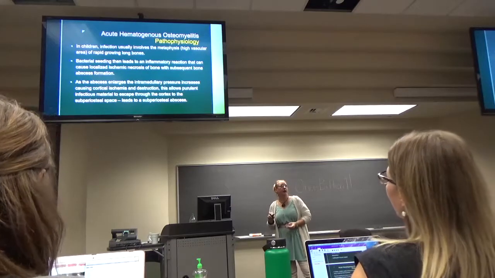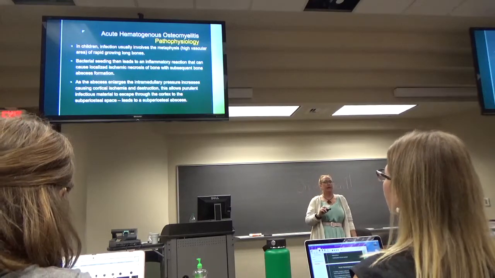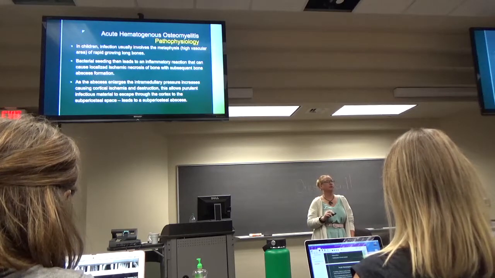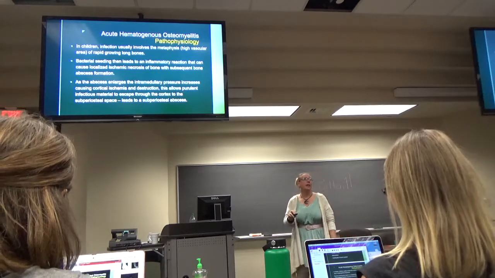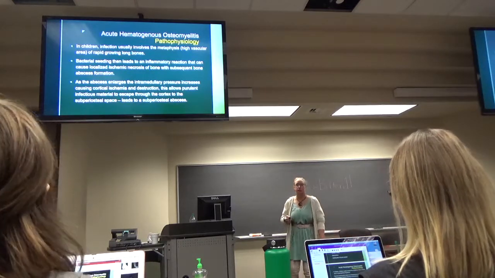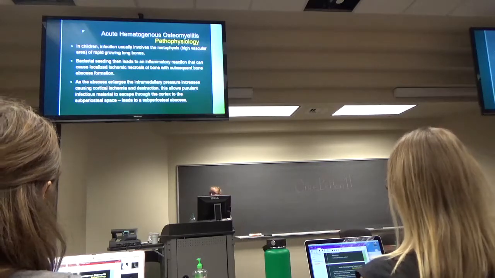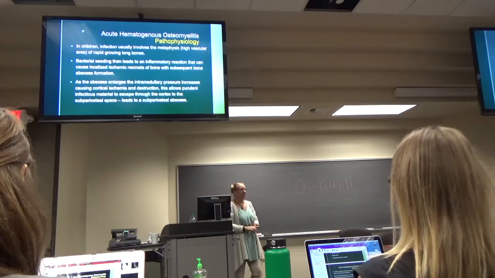You could or could not have subsequent bone abscess formation. So again, pyogenic would be a description used with that one if there is an abscess being formed. And then you've got the intramedullary pressure. So this is where your bone anatomy comes in, and knowing where your epiphysis, physis, metaphysis, all of those things are.